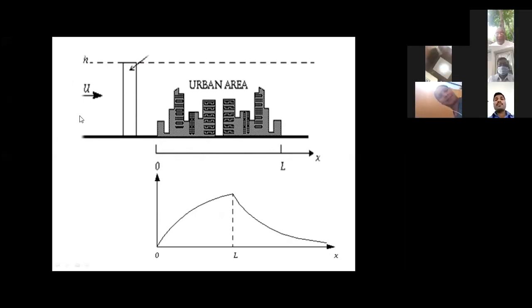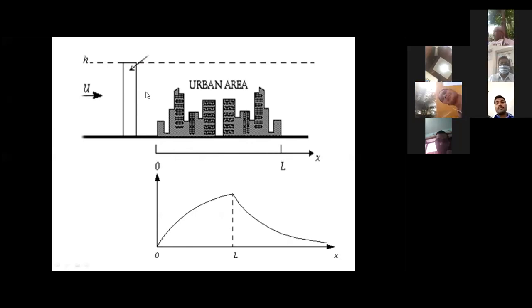And this is the wind direction where I have aligned. Because of this wind, the pollutants are advected here, and because of diffusion, the pollutants are emitted as well as diffused in the atmosphere. And this is the height, which I call the mixing height. I will explain it to you at a later stage.